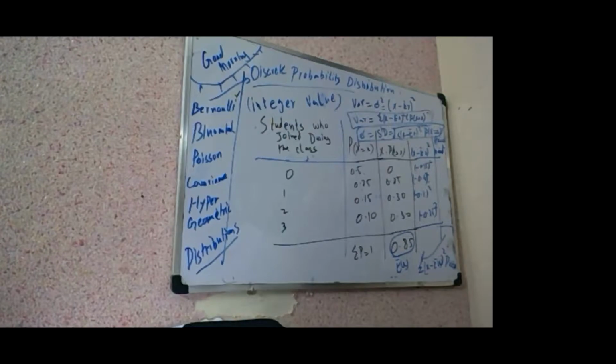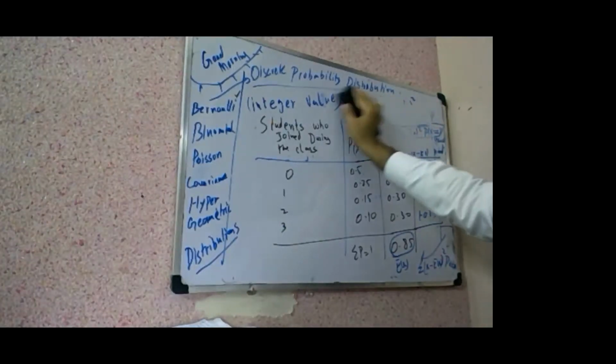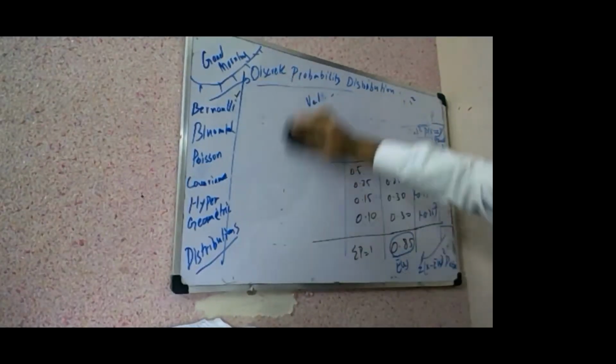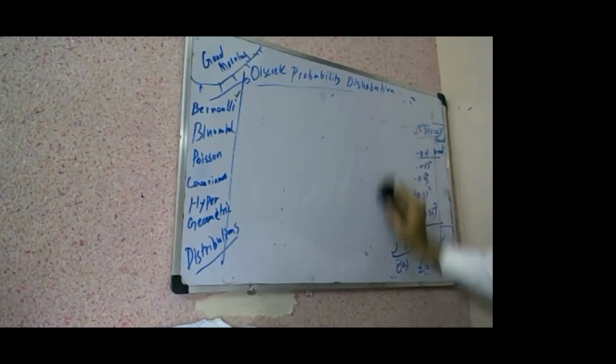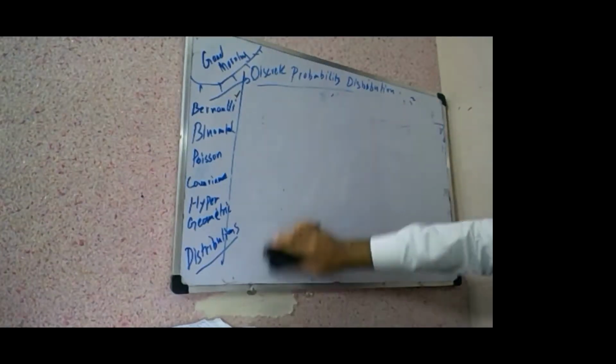What exactly is Bernoulli distribution? Let's have a look. So this you understood, the discrete probability distribution, right? How we calculate mean, variance, and standard error or standard deviation. Is it clear?